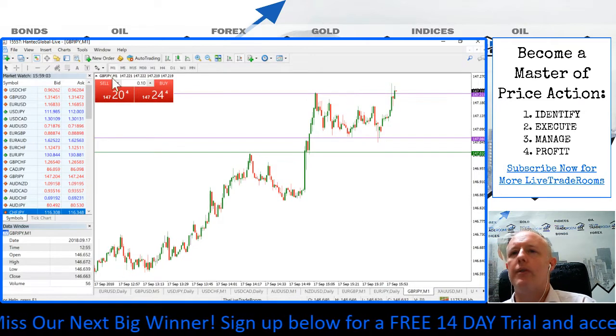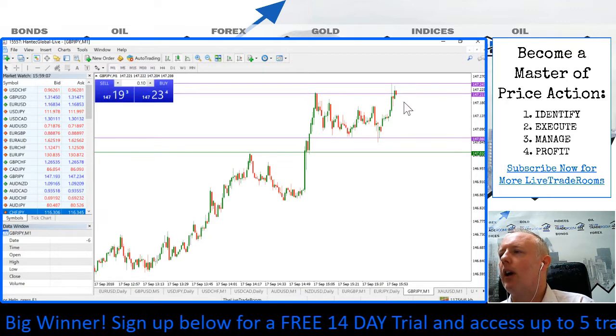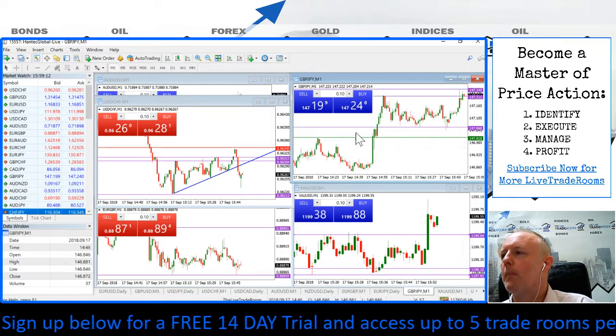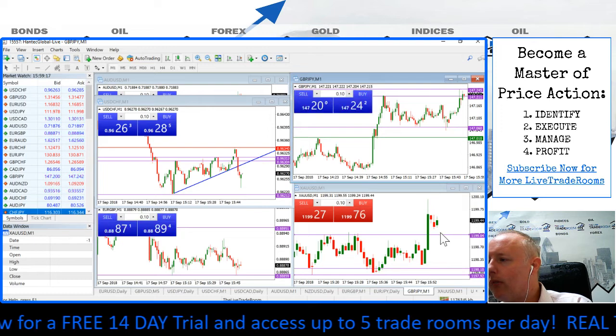So we've got our close. So now we'll see if we get some momentum above the high, and if so, we'll get into this market. The gold market's kind of pulling back roughly to our level.